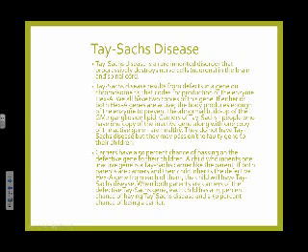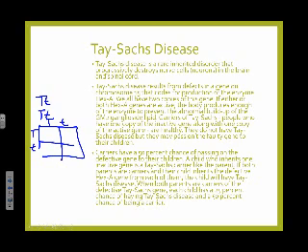And remember, that's that same Punnett square. So if both parents are carriers, you'll have a 25% chance of not carrying and being healthy, 50% chance of carrying, and a 25% chance of having Tay-Sachs. Okay?